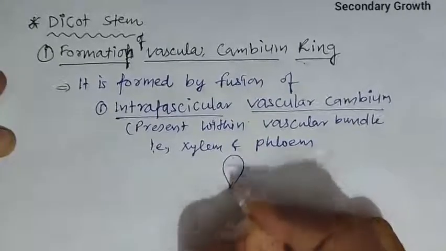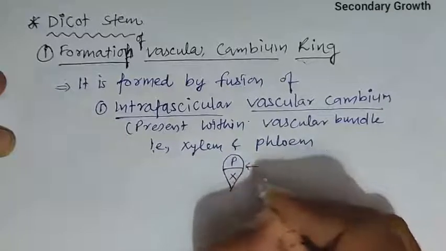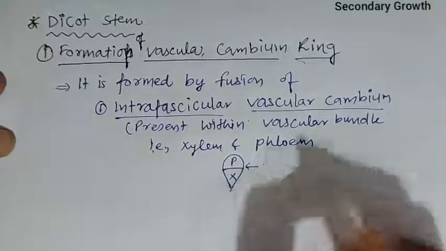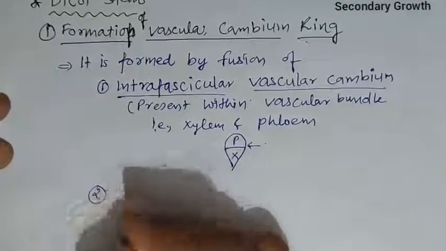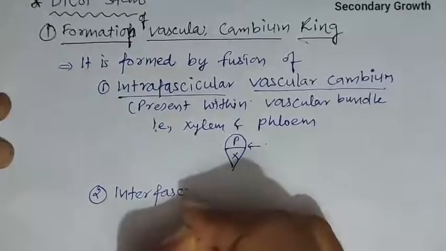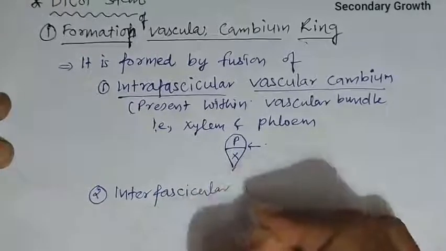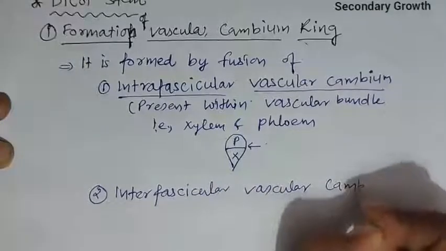Suppose this is the xylem and this is the phloem, then this is the intrafascicular vascular cambium. And the second one that comes here is the interfascicular vascular cambium.